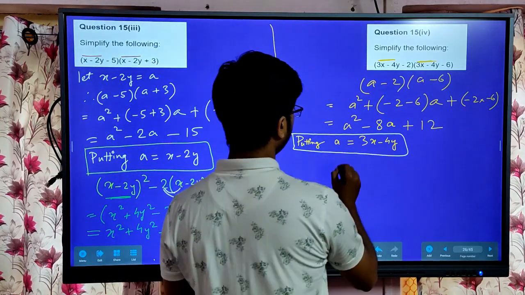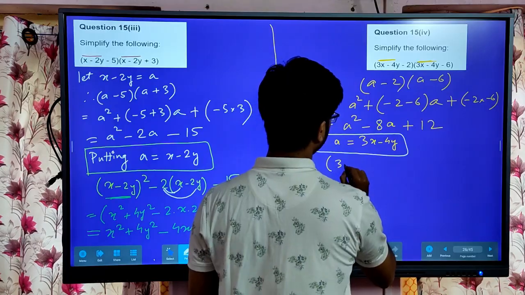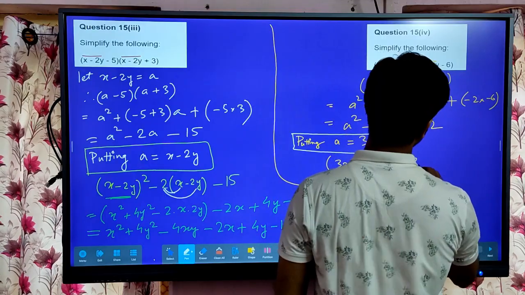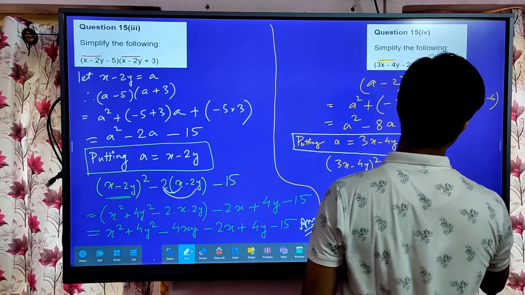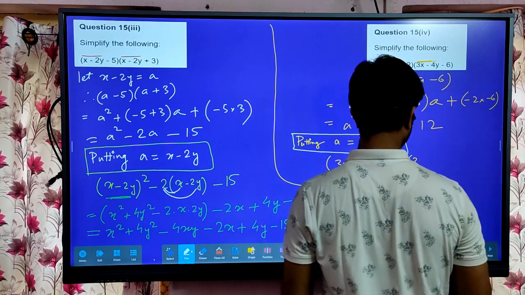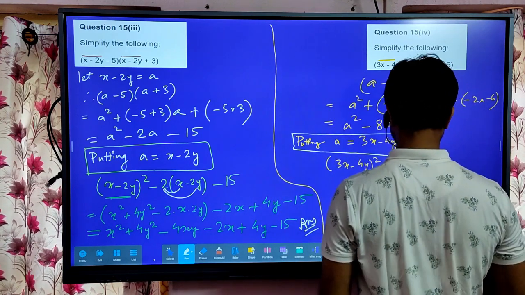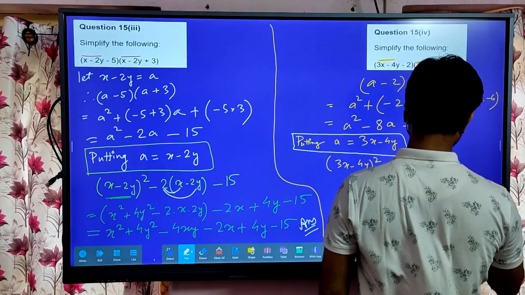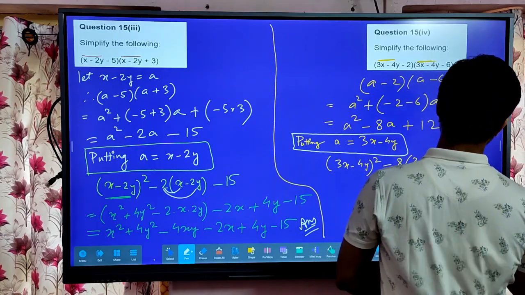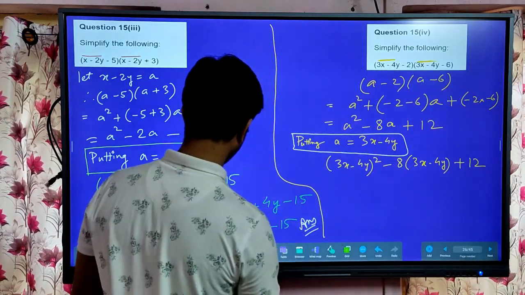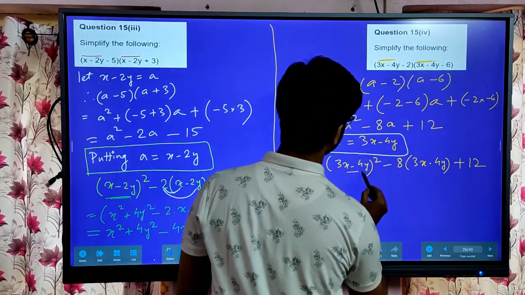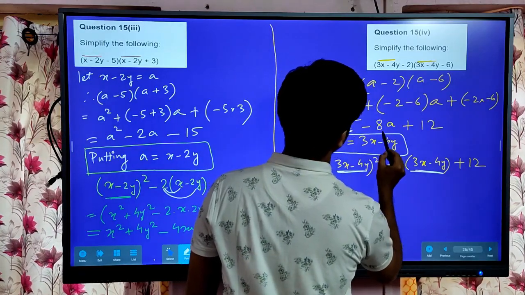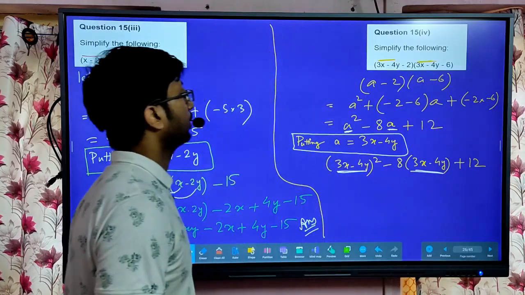So we will get 3x minus 4y whole square minus 8 into 3x minus 4y plus 12. See, this was your question, a square minus 8a plus 12.